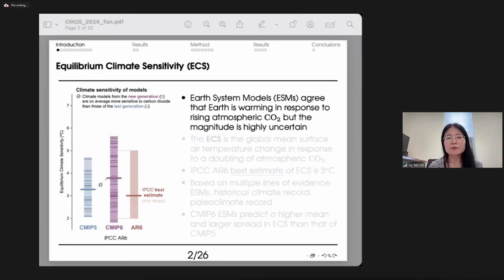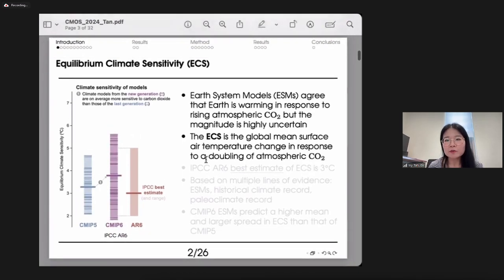I'd like to open with the fact that Earth system models unanimously agree that Earth's global mean surface air temperature rises in response to a doubling of atmospheric CO2 concentration. So there's no doubt about that. However, what Earth system models do not agree on is the extent of global warming in response to that doubling of atmospheric CO2.